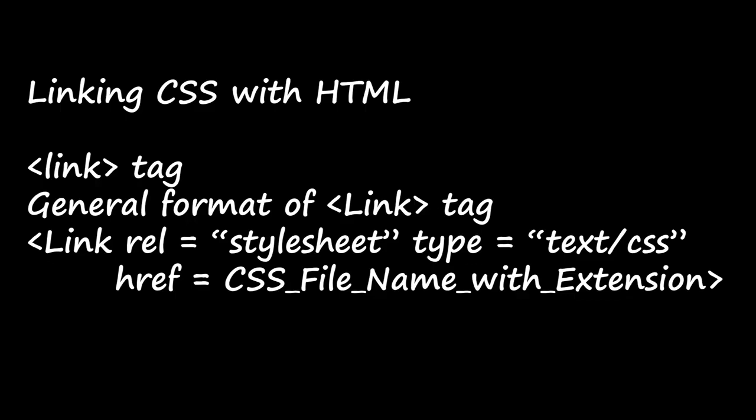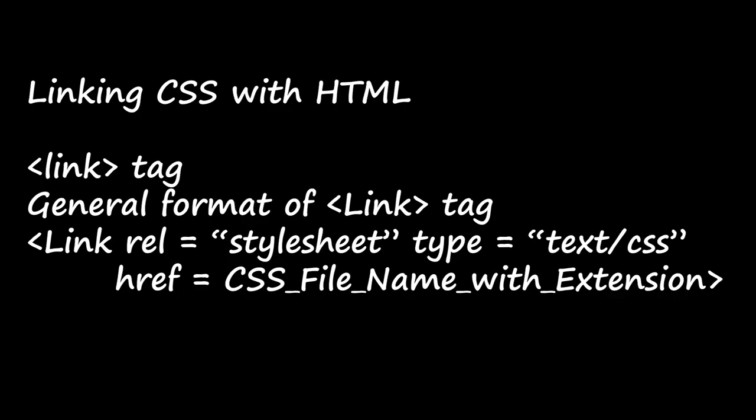Then the href attribute is used to link this CSS file inside the HTML. The general format is link rel equals stylesheet, type equals text slash css, href equals the CSS file name, which you have to give along with the extension.